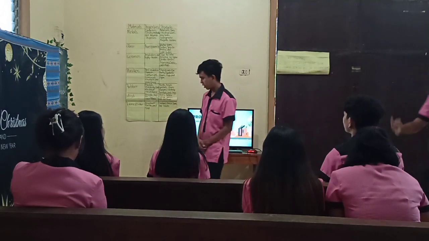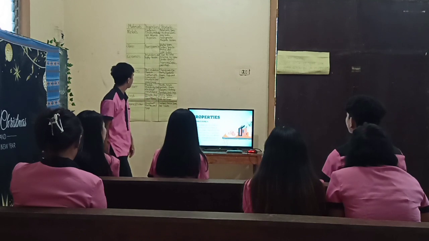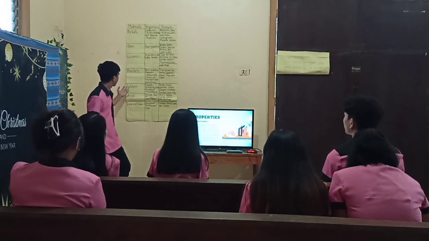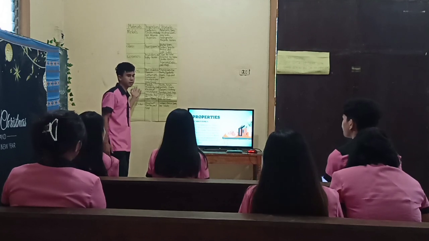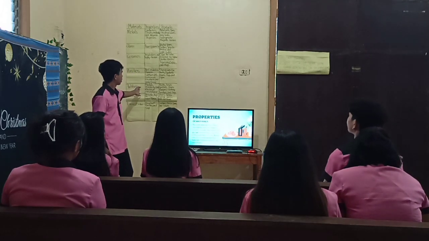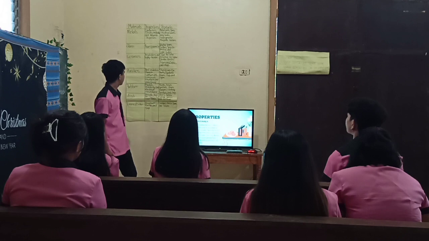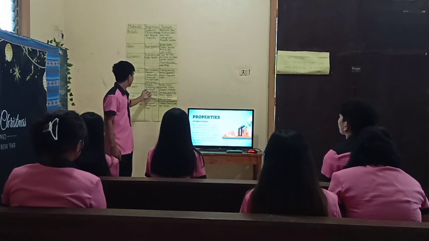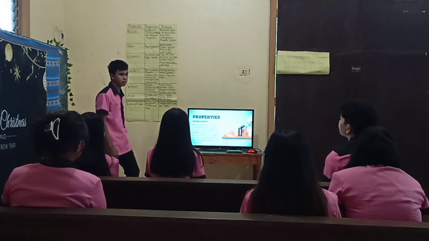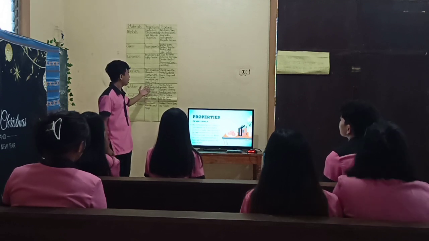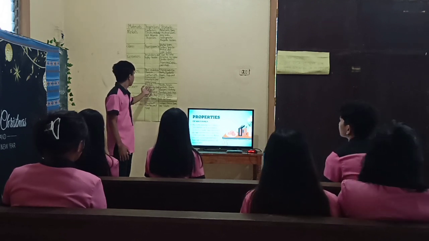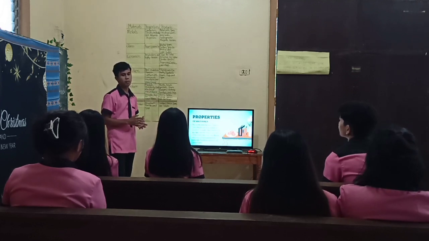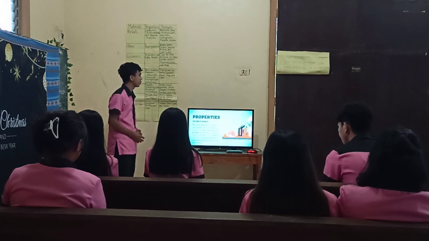Okay, thank you, Derwin. Class, let's proceed to our next material. We have here rubber. The properties of rubber are flexible, elasticity, and electrical resistance. Flexible is able to bend easily without breaking.